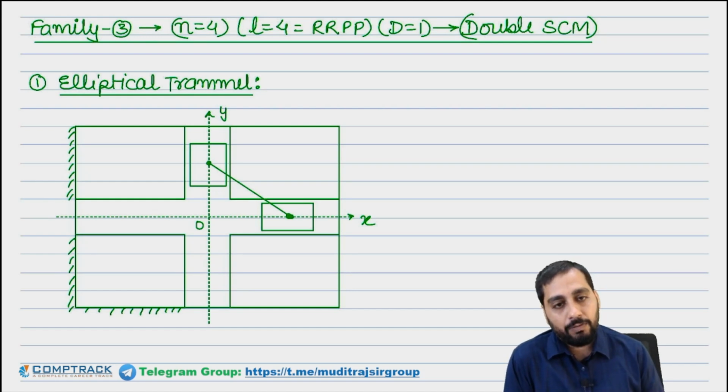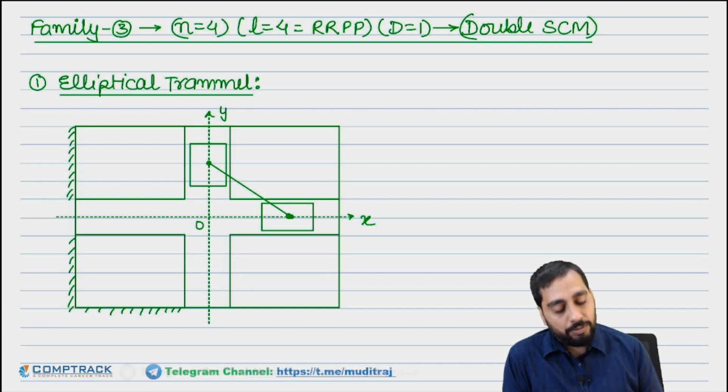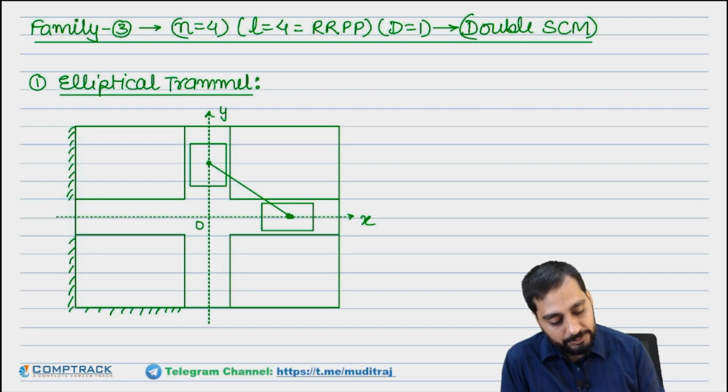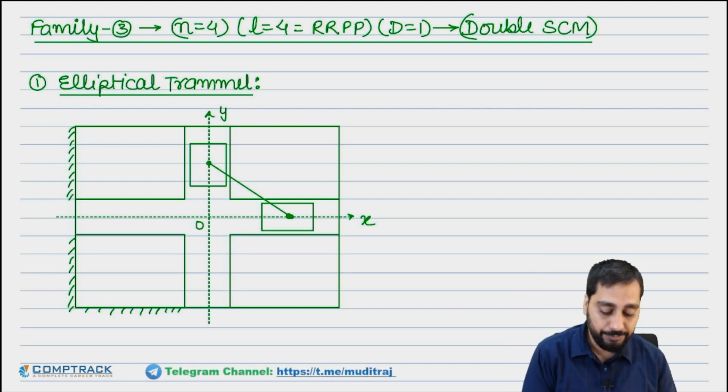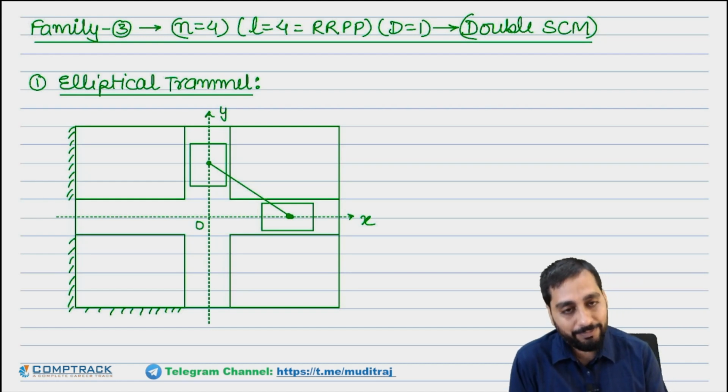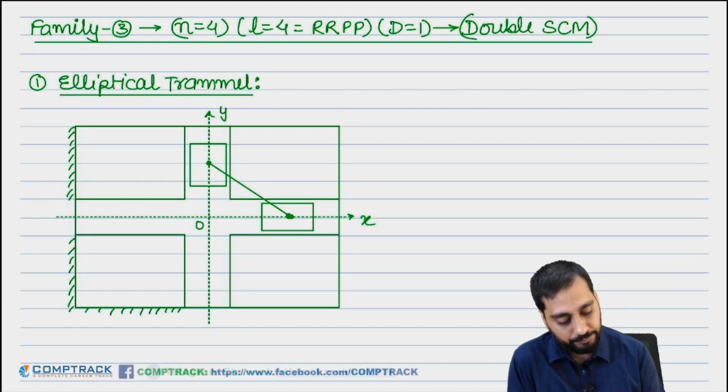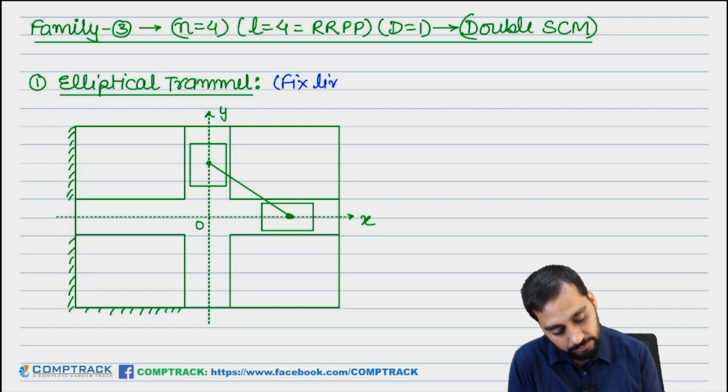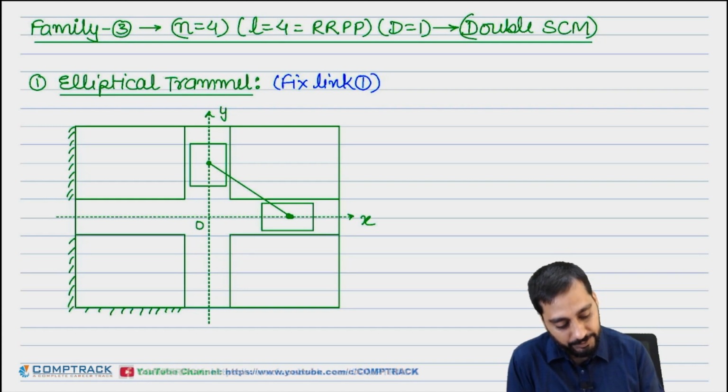Okay, now first of all, for the first inversion, we will fix link 1. So this fixed link will be considered as 1.